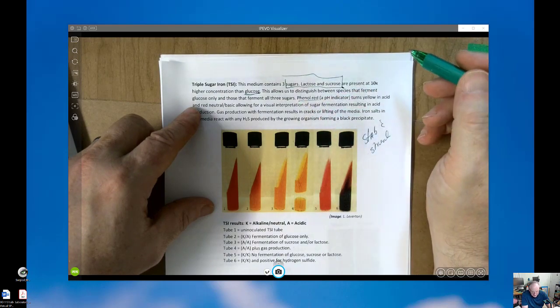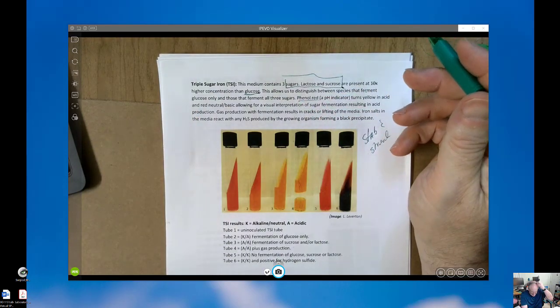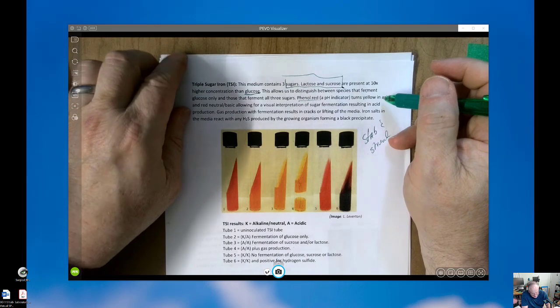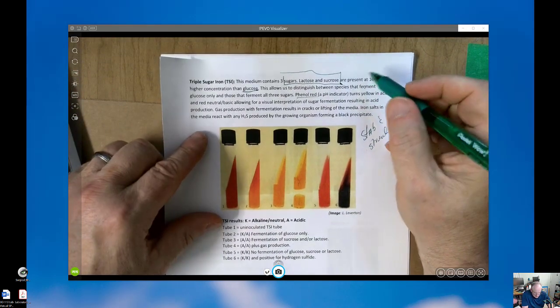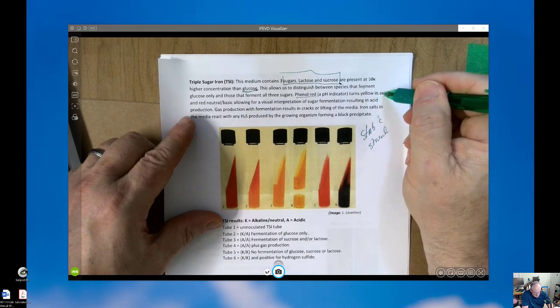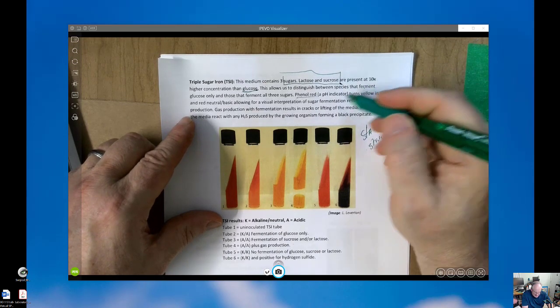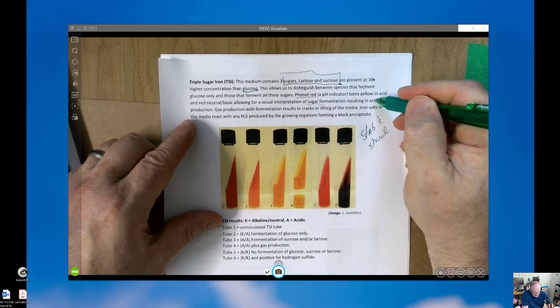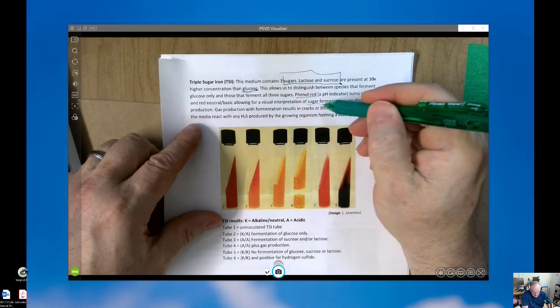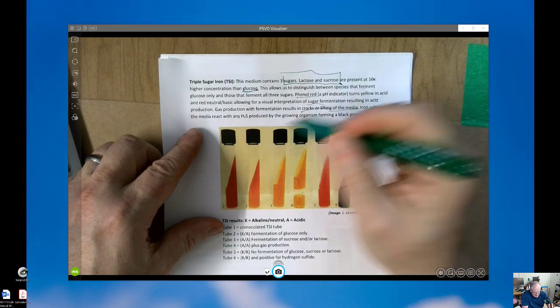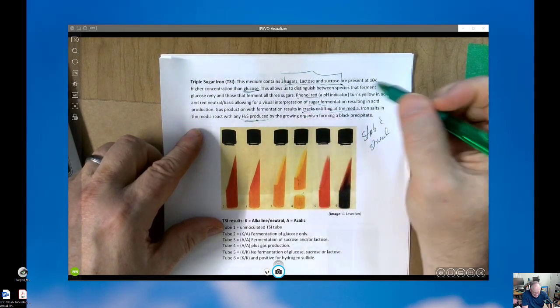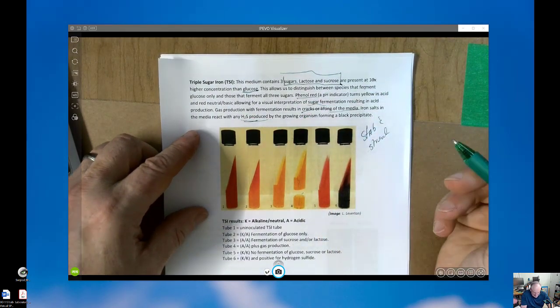Phenol red is a pH indicator, which is very commonly used. I think we've used it in so many different tests that we've already talked about. It turns yellow in acid and red in neutral, and so that way we can tell if it's sugar fermenters. Gas production with fermentation results in cracks or lifting of the media. Iron salts in the media react with any hydrogen sulfide, and it turns dark black.